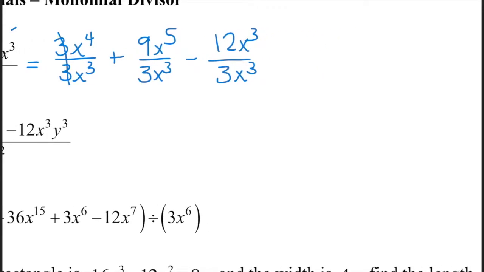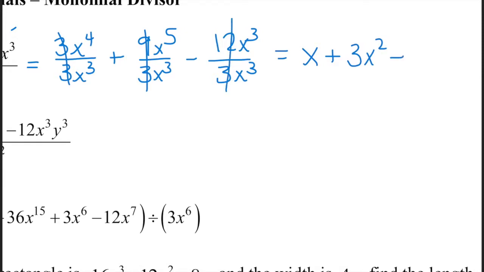So 3 divided by 3 is 1. X to the 4th divided by x to the 3rd. Remember what that means is when you're dividing variables, you subtract the exponent. So x to the 4th divided by x to the 3rd is just x. It's x to the 1st power. All right, plus 9 divided by 3 is 3. X to the 5th divided by x to the 3rd is x squared, because 5 minus 3 is 2.